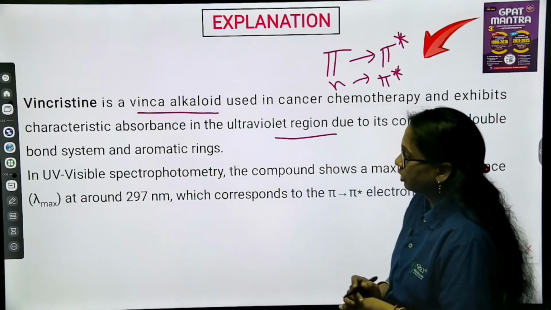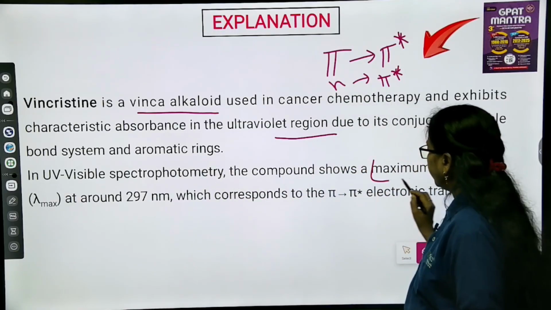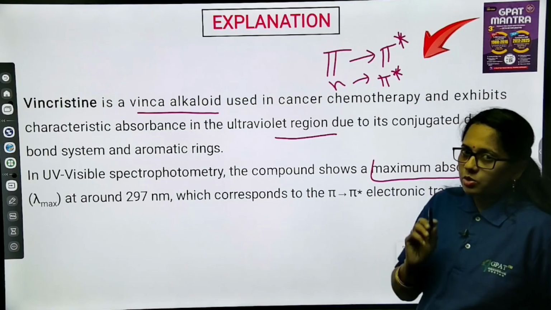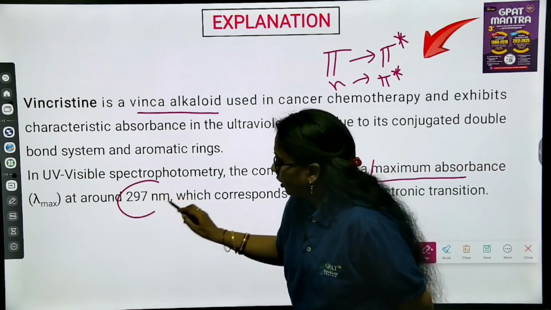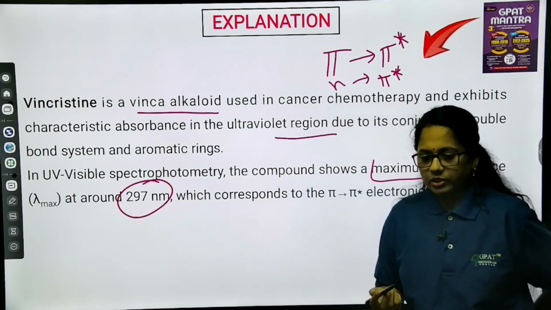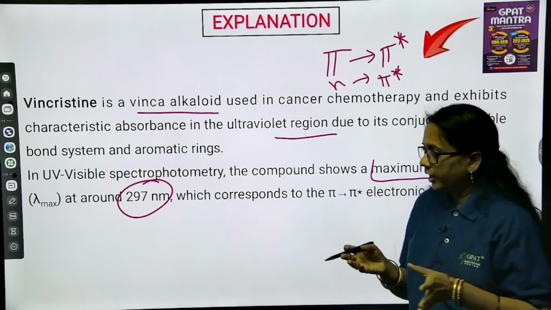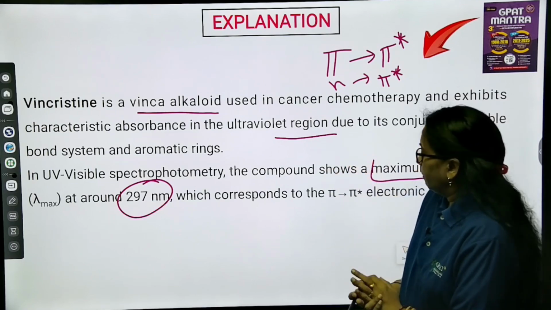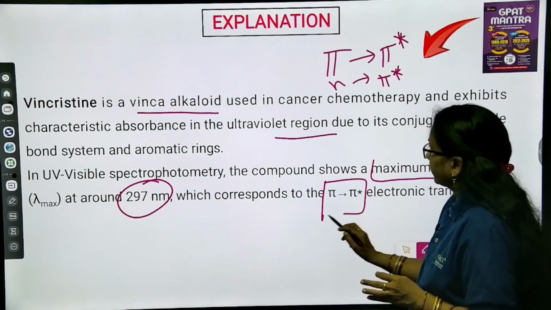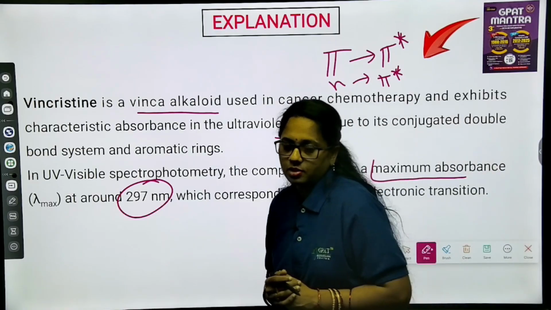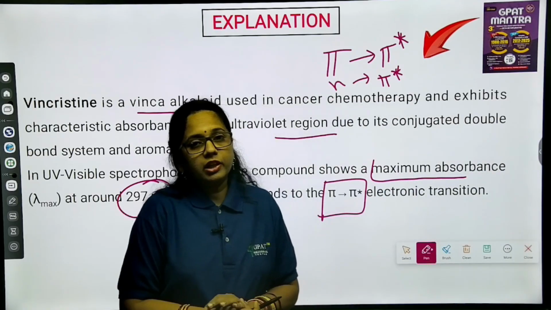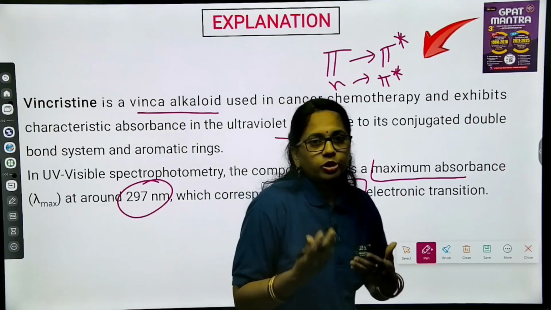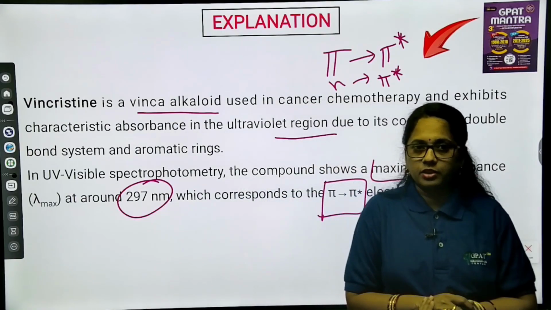Okay, so in UV-visible spectrophotometry, this vincristine is going to exhibit around 297, that means exactly 297 we cannot say, but more than 285, that we know. Due to the pi to pi star transitions and n to pi star transitions, these are going to be present, definitely not more than UV, you can say that, right?